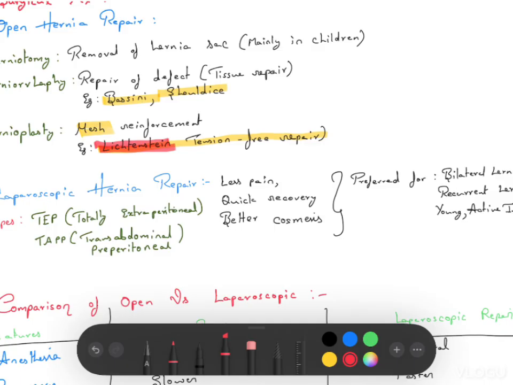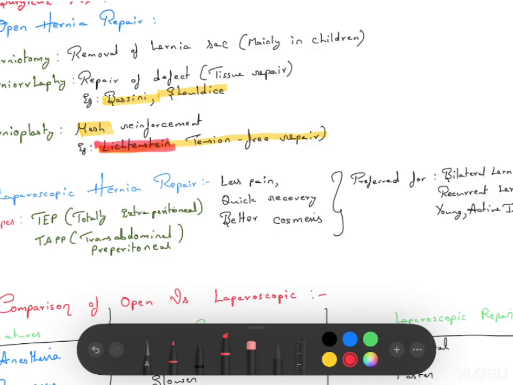Next we fix the mesh to the pubic tubercle, inguinal ligament and conjoint tendon. Then we create a mesh slit to accommodate the spermatic cord. Then we close the external oblique, subcutaneous tissue and skin. Always identify nerves before mesh fixation.